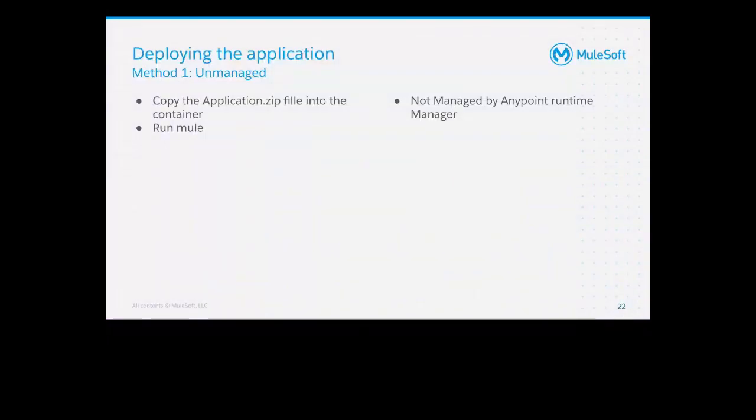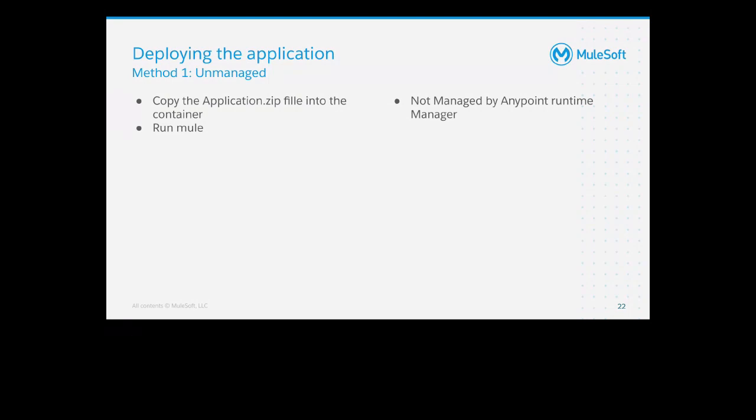There are two ways to deploy the application into that container, into that Mule runtime. And from what I've seen online in the different versions of Docker containers that are out there that you can reuse, most of them are unmanaged. So that's method one.